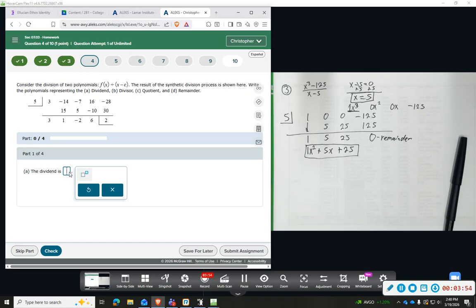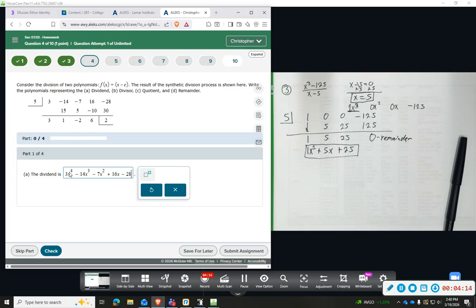So we're going to start 3x to the fourth minus 14x to the third, and then minus 7x squared, and then plus 16x, and then it'd be minus 28. So you just kind of count those terms, and that lets you know what power you are.